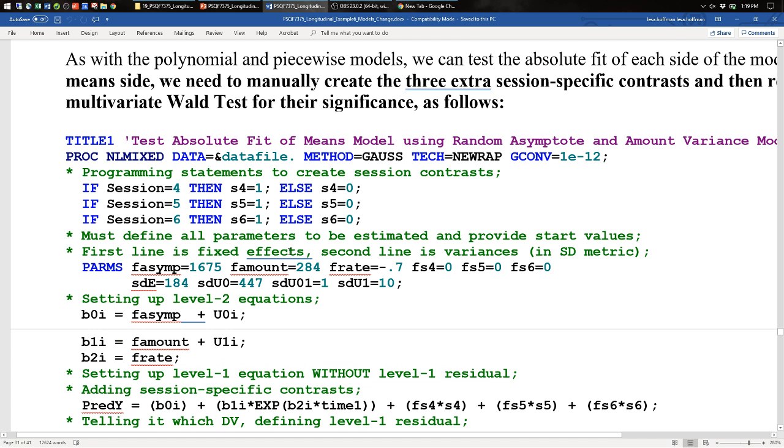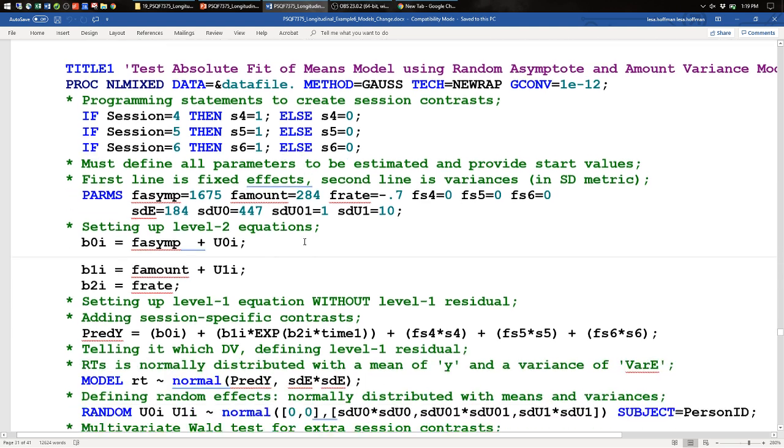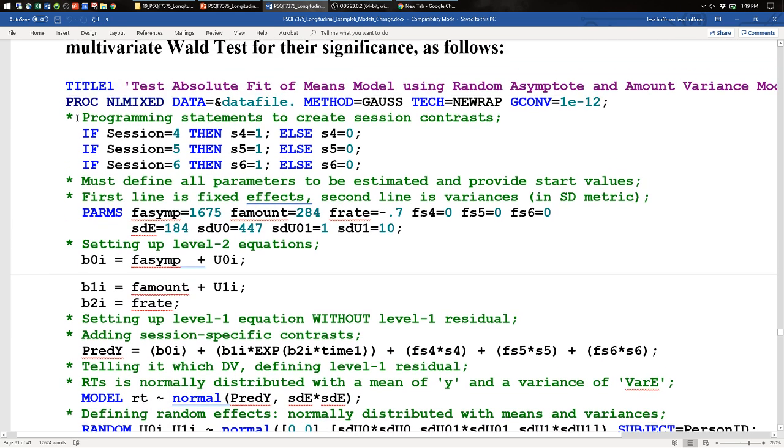There is no class statement by which to ask for session contrast, so I made my own. So within NL mixed, you can use conditional logic to make new data variables or otherwise execute if-then types of statements. So I created 3 new dummy codes for whether it was session 4, 5, or 6. Those are my 3 missing contrasts to get back to my 6 means.